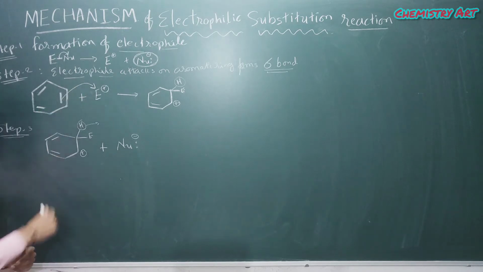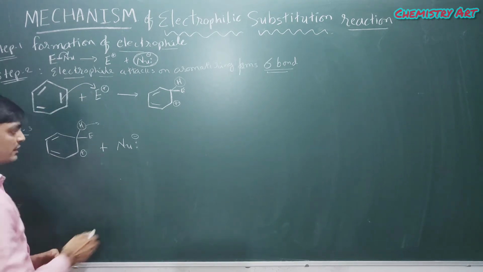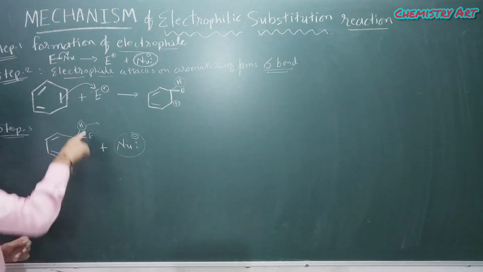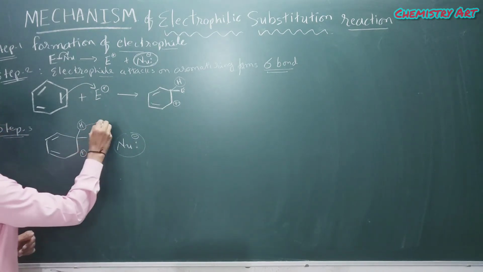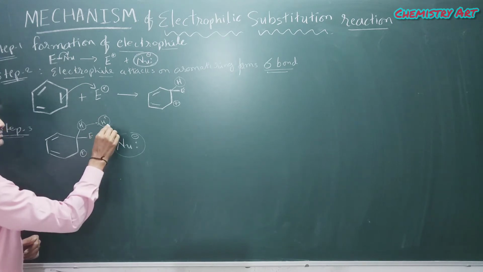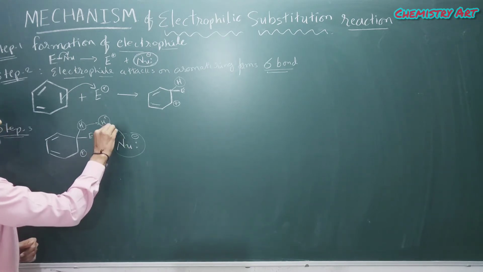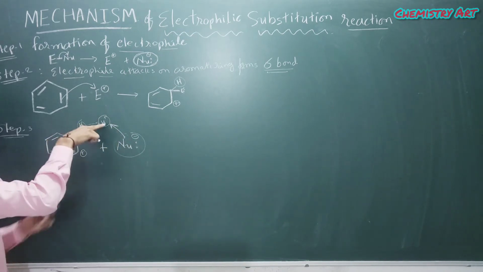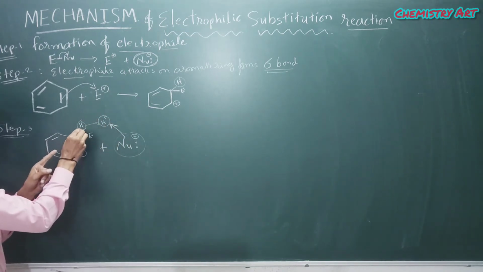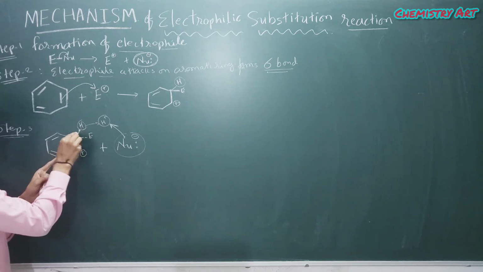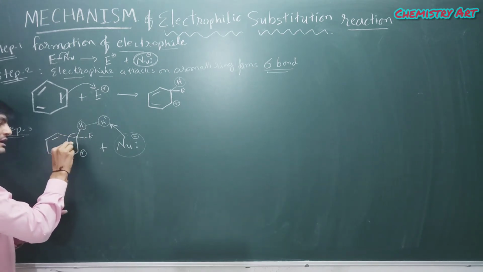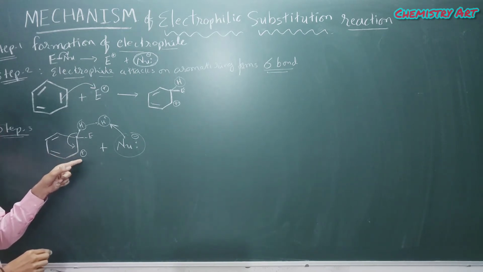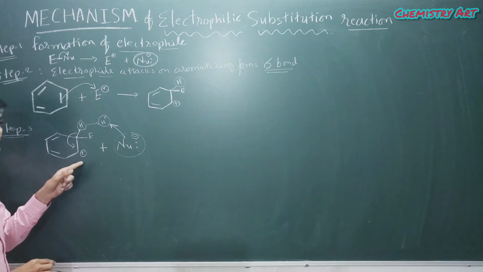As a byproduct we were getting the nucleophile, and this nucleophile can donate electrons to the hydrogen which is being removed as H plus. So this nucleophile will donate electrons to this hydrogen which will be removed as H plus, and these electrons will move inside the benzene ring again to satisfy this carbocation's valency.